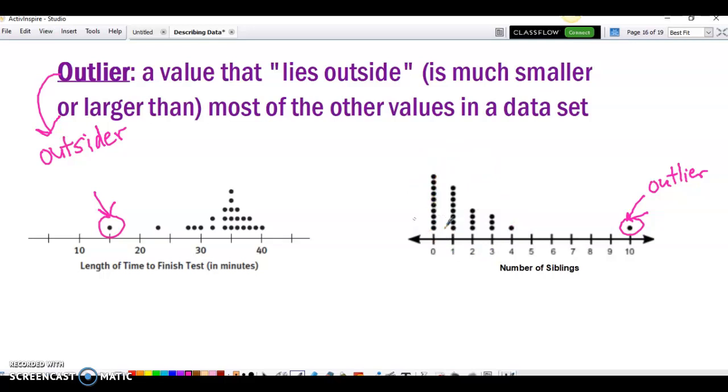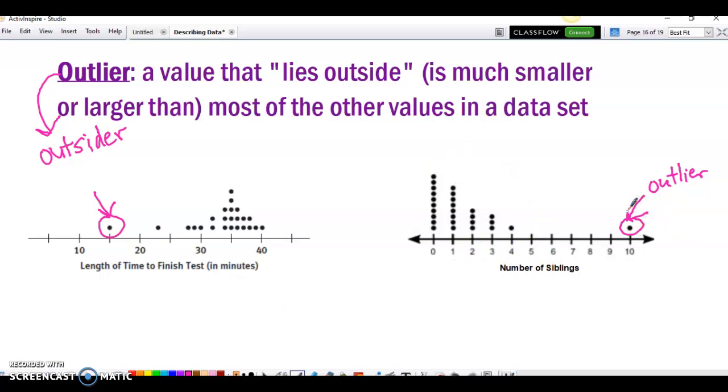So your outlier, think outsider, is way outside your graph, way outside of most of the other values. Your outlier is actually going to have a huge effect on your data. It's going to have a huge effect on your average or your mean, because it's going to mess with your numbers. Think of test scores: a bunch of people score really low, and then we've got one person that scores really high.